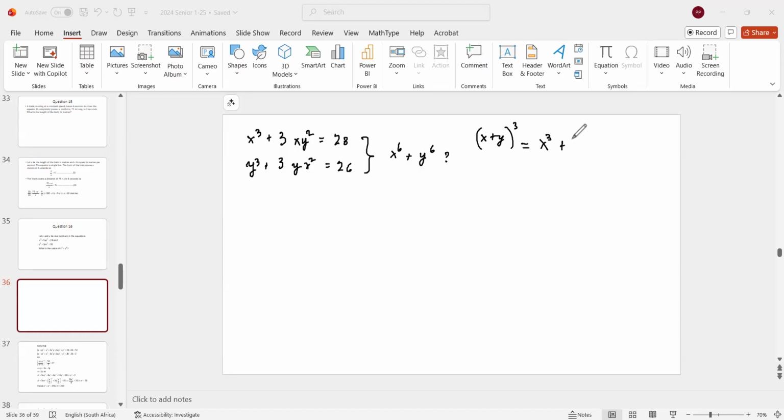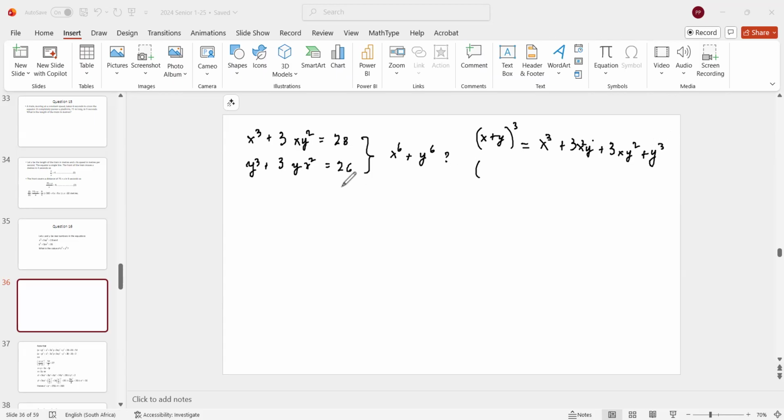So this is x cubed plus 3xy squared... No, when you're cubing it, it's 3x squared y. The x is reduced in power and the y is increased. So another 3xy squared and then y cubed.